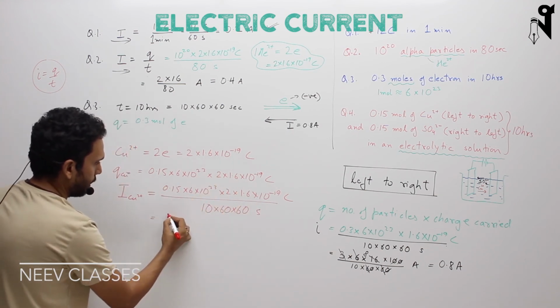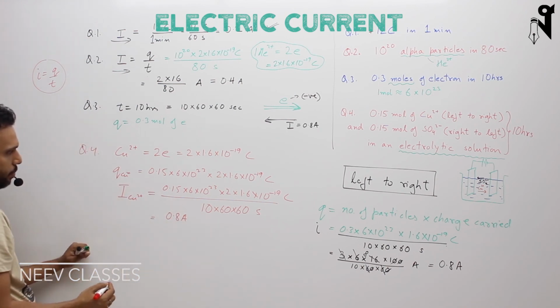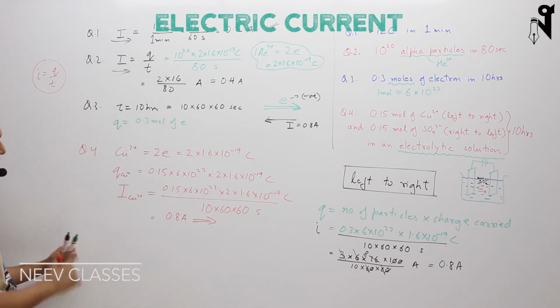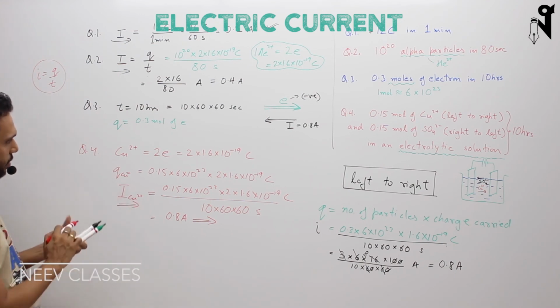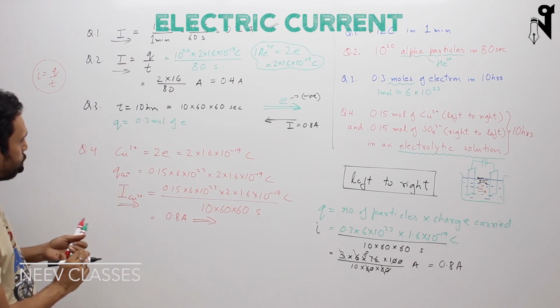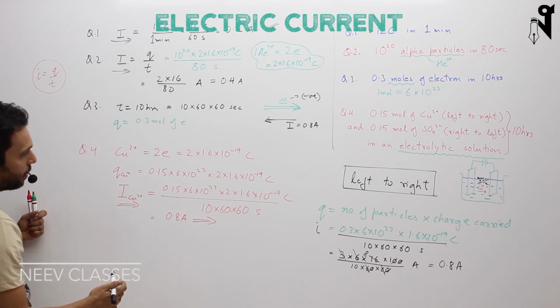You may do the calculation again, but it will give you 0.8 amperes. Let me also make an arrow for the direction. It is from left to right. So the current is going this way. That's your answer for the current constituted by copper ions in the same electrolyte.